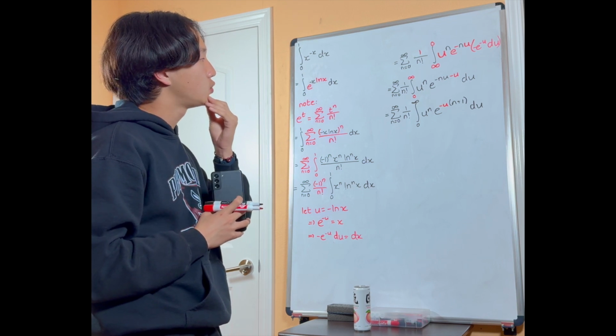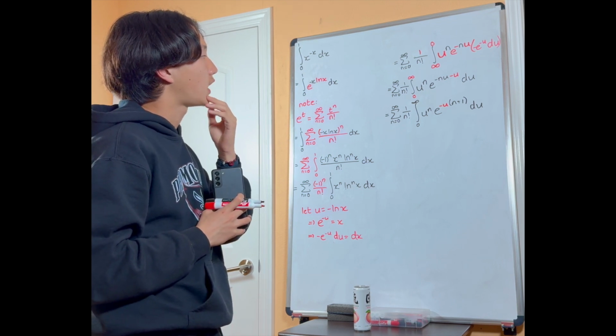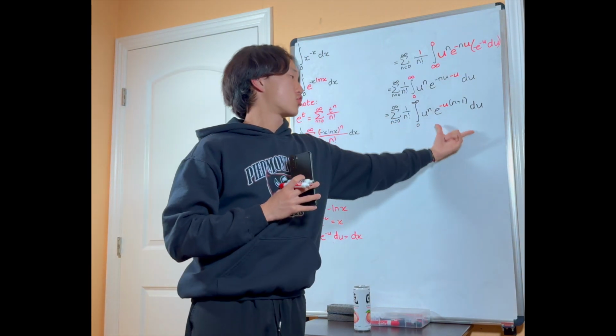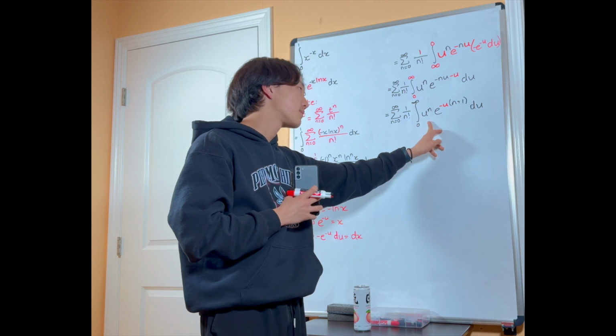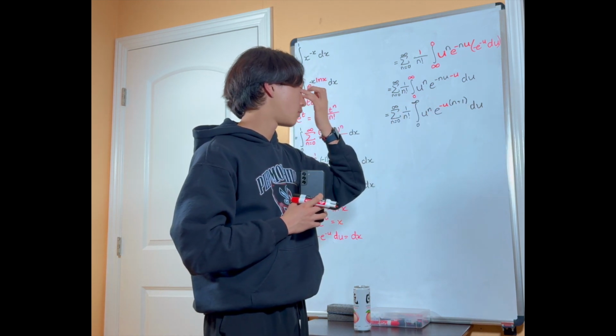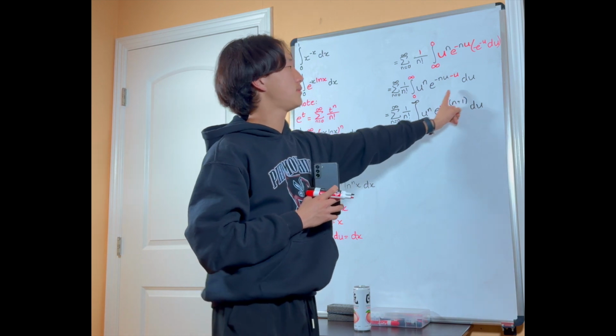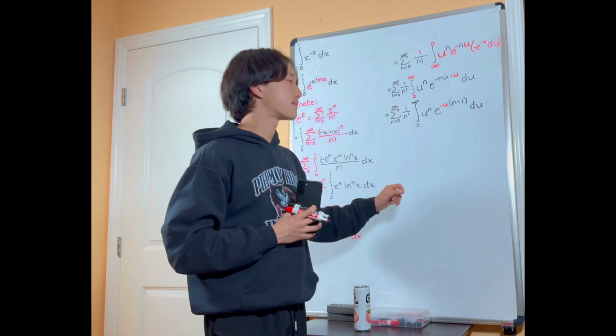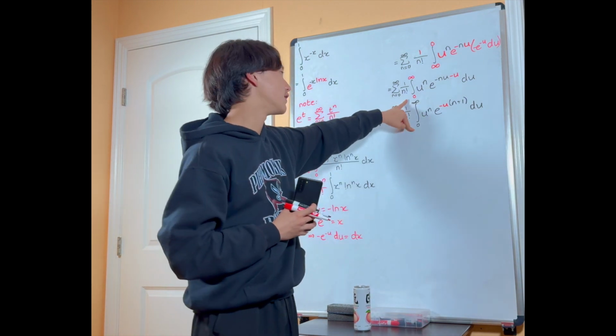What can we do here that will help us out a little? Take a look at the structure. We have u to the n, and we have e to the negative u times something. Here's my train of thought: we have the proper bounds, 0 to infinity.